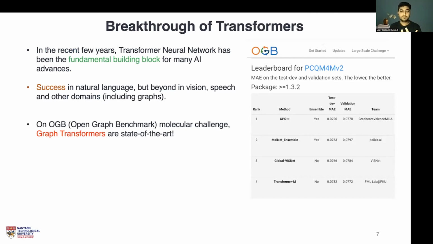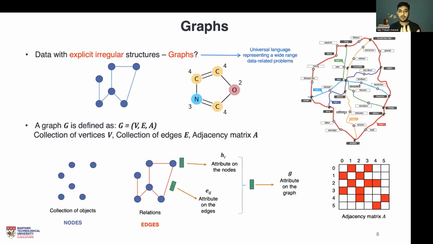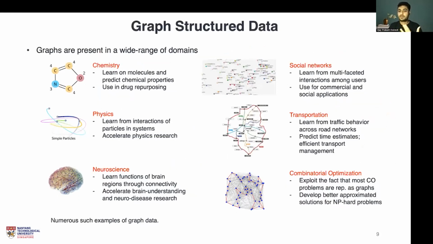So transformers have become a breakthrough architecture in deep learning, and we know that graphs are a universal language representing a wide range of data related problems. They're found in domains of chemistry, social networks, and many different domains, which I would not want to go into detail about because of the focus of this workshop.